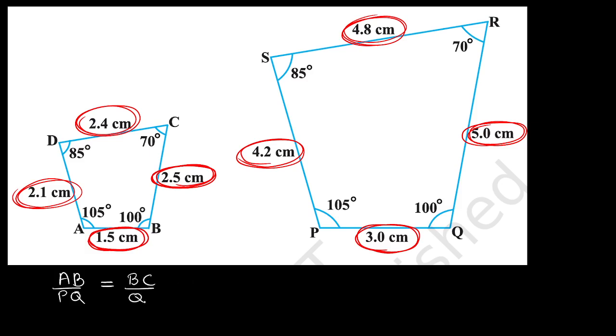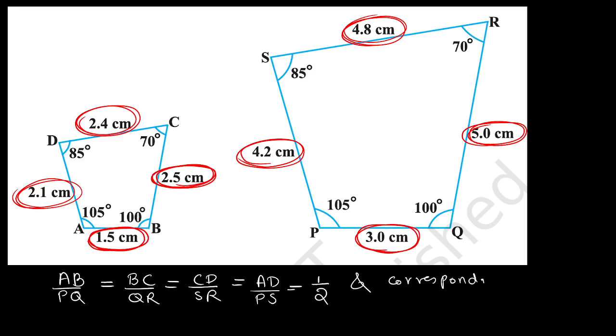BC by QR is equal to CD by SR is equal to AD by PS. All these ratios are the same, 1 by 2. The ratios are identical and corresponding angles are equal. It is taken from a textbook example. Hence they are similar. You may write it.